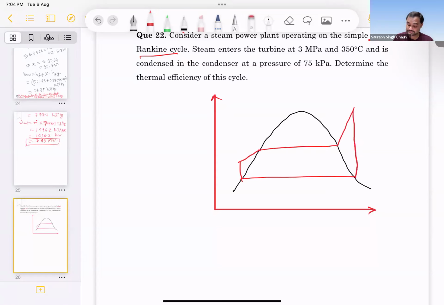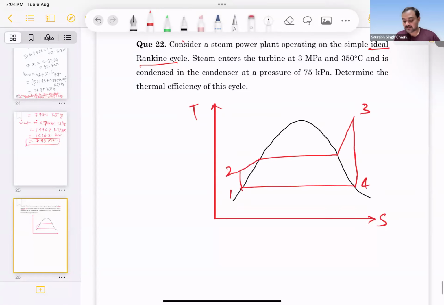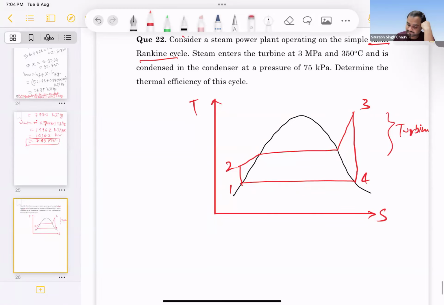This is the ideal Rankine cycle. Now what is given? A steam power plant operating at simple steam enters the turbine at 3 megapascal. So turbine is from 3 to 4, right? This is our turbine. So inlet of turbine means this point number 3.